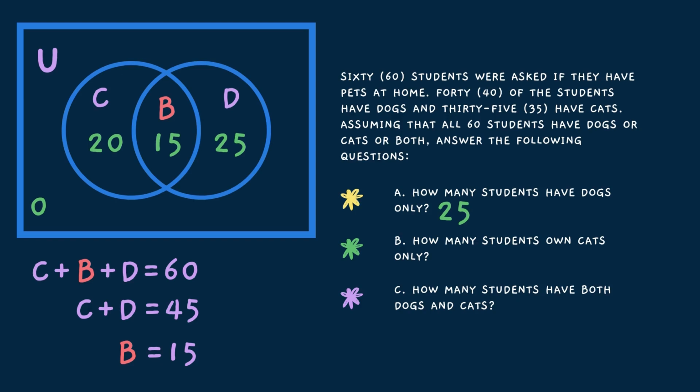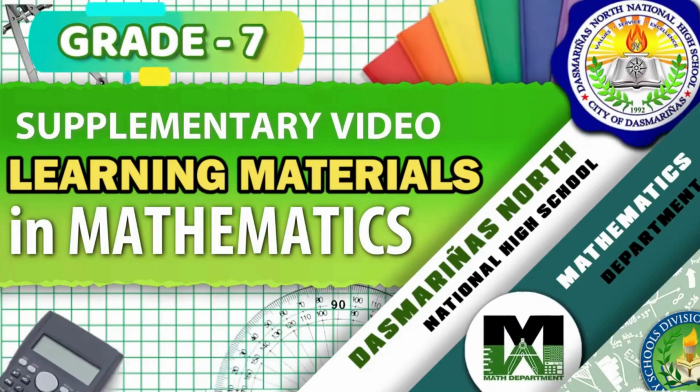That's right. 25 students have dogs only. Letter B. How many students own cats only? That's right. 20 students own cats only. Lastly, letter C. How many students have both dogs and cats? That's right. 15 students have both dogs and cats.